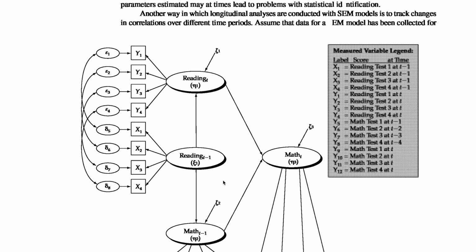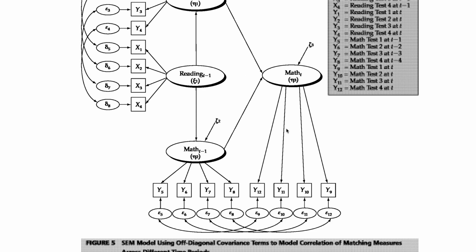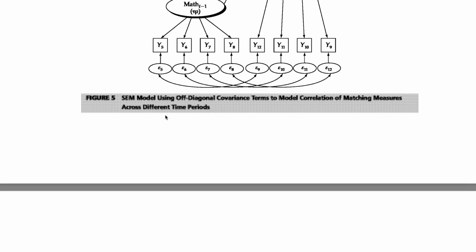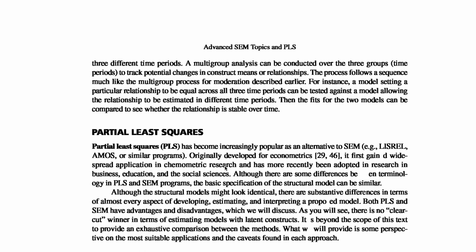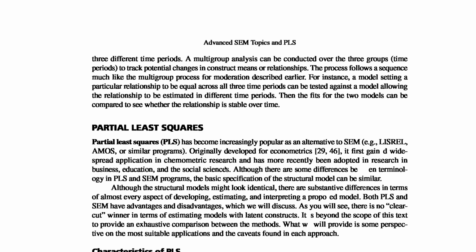This is the correlation between the reading tests, and the intercorrelation of the math tests, across the three different time periods. A multi-group analysis can be conducted over the three time period groups to track potential changes in construct means and correlations.